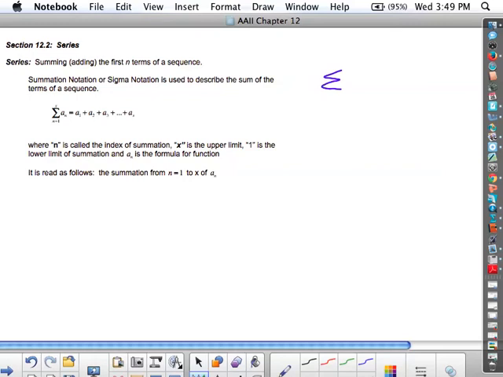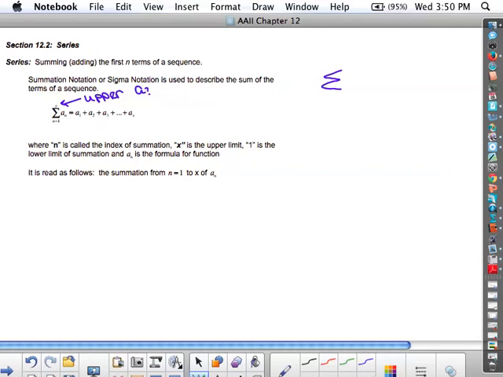When we look at this, n is going to be our index and x our upper limit. So that tells us our a to wherever we are stopping.